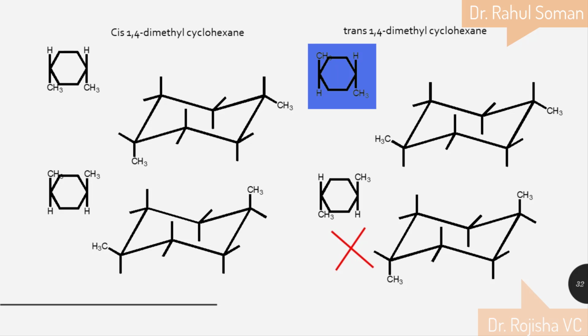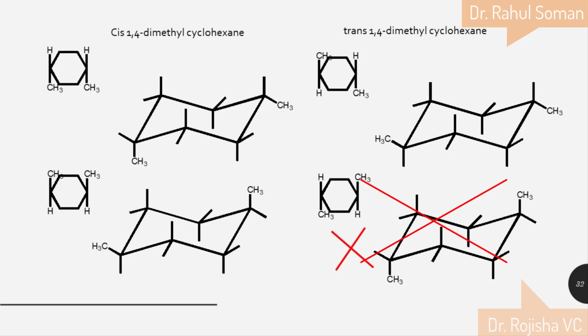This is an alpha bond, and the fourth carbon is beta, top and bottom on opposite sides. For the second case, the structure is opposite: the first one is beta type and the substituent on the fourth carbon is alpha type.